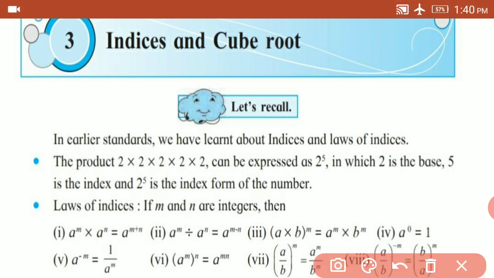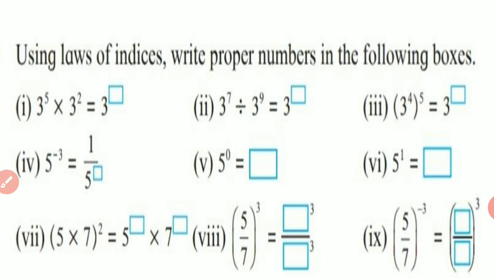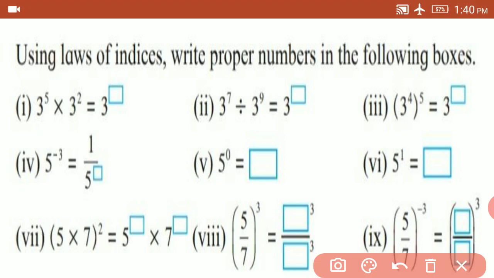In this example, we use law number 1, that is a raised to m into a raised to n is equal to a raised to m plus n. Here 5 plus 2 is equal to 7. That means 3 raised to 5 into 3 raised to 2 is equal to 3 raised to 5 plus 2, which is 7. The answer of the first example is 7.